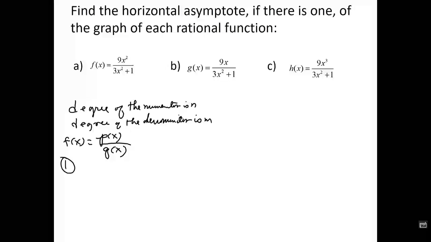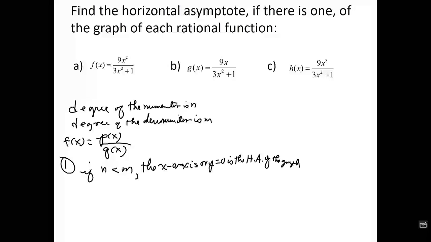All right, if n is less than m, the degree of the numerator is less than the degree of the denominator, then we say that the x-axis, or y is equal to 0, is the horizontal asymptote of the graph.